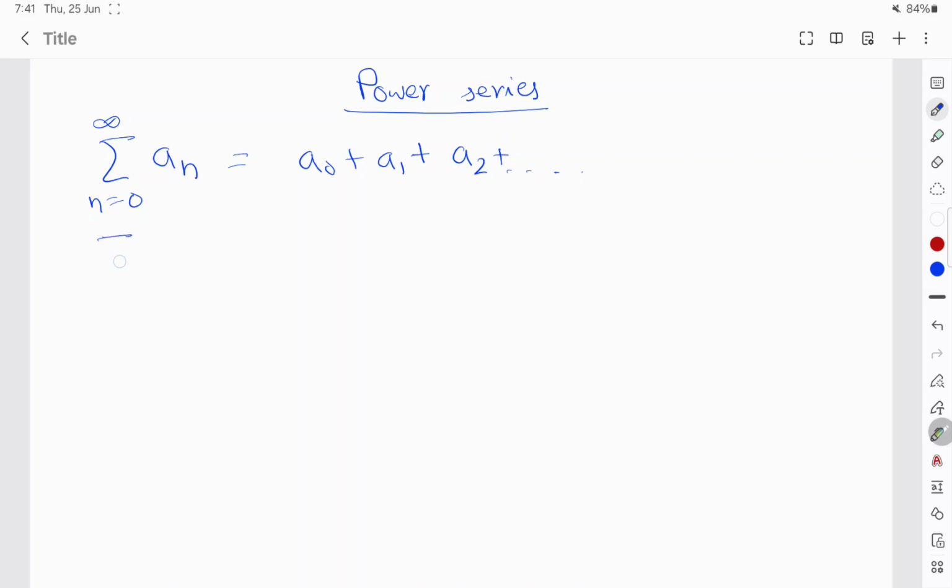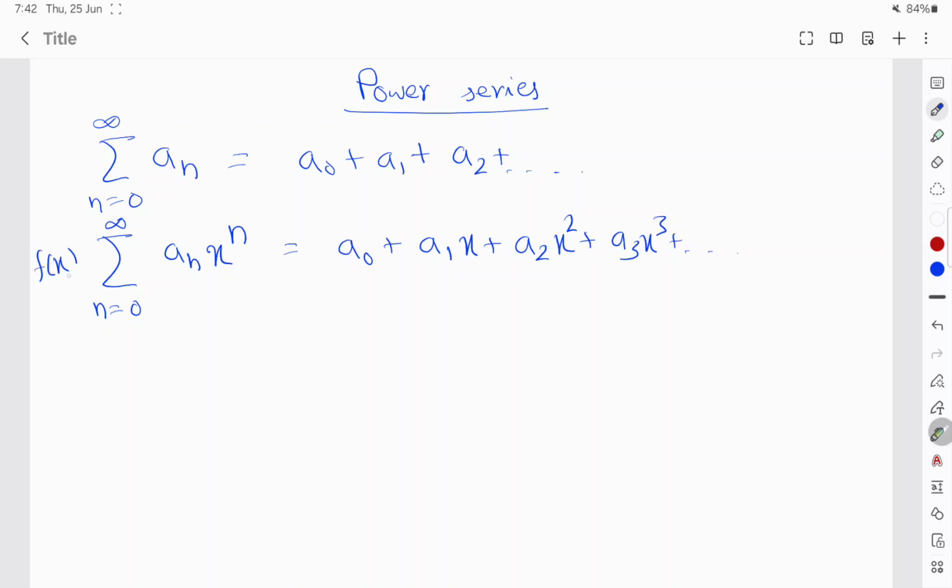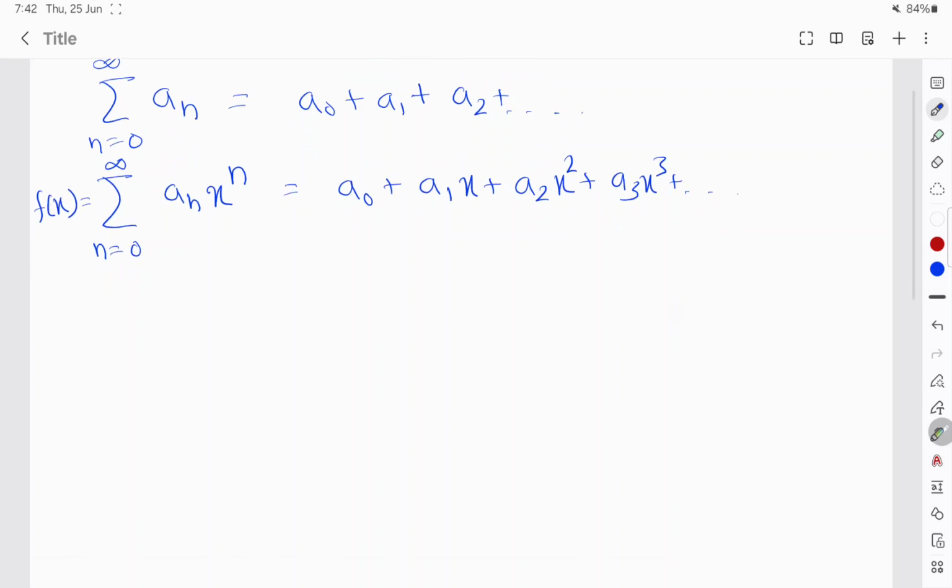Now, a power series is actually a function, you can say. This looks like summation a_n x to the power n, where n runs from 0 to infinity. So this looks like a0 plus a1x plus a2x square plus a3x cube and so on. So this thing you can write as a function of x, right?